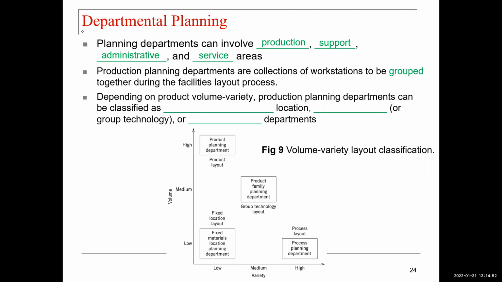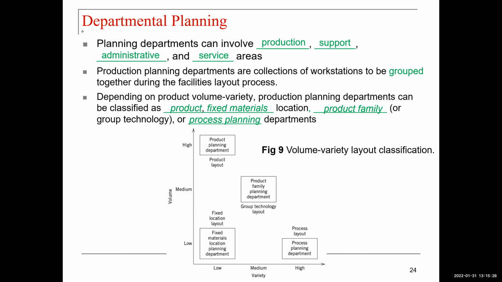So if you're going to put together a manufacturing line, you need to know how many workstations and how many machines are going to be part of the manufacturing line, and use that to define the layout of the line and the department. Depending on product volume and variety, production planning departments can be classified as product, fixed material location, product family or group technology, or process planning departments.